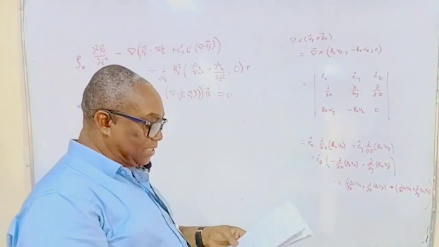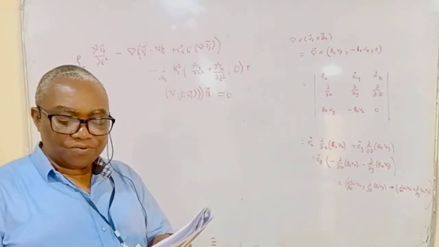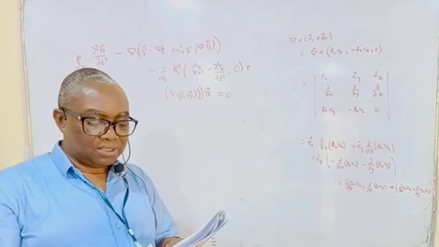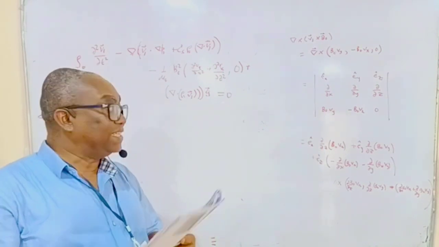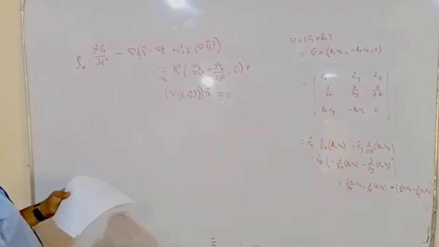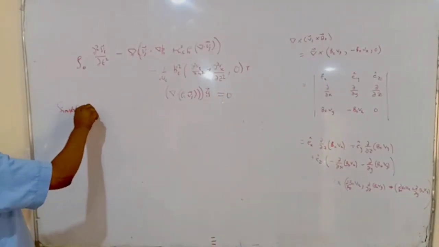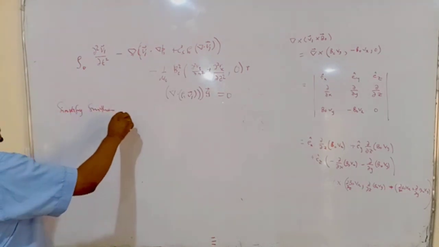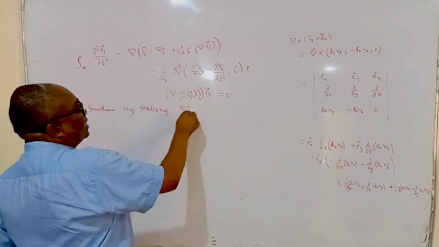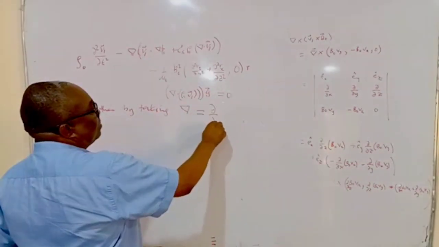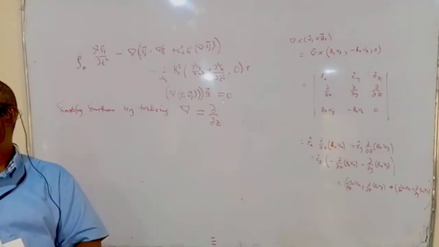Now the next thing for us, we can simplify that further by taking that the grad will be equal to partial by partial z, because that is the direction of our action.